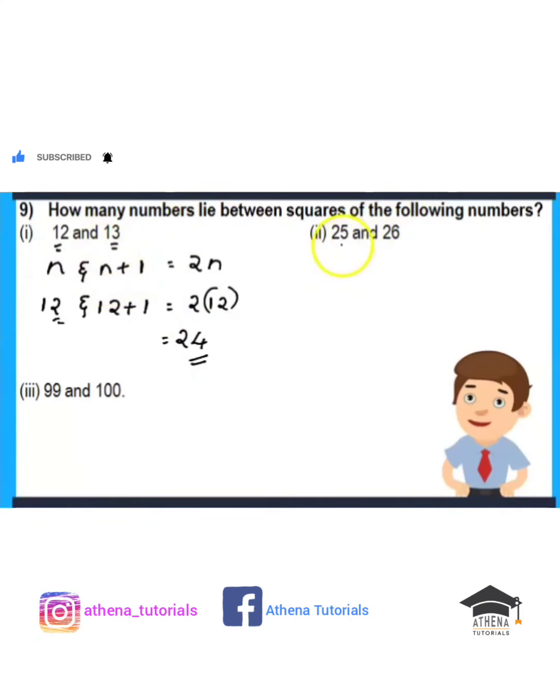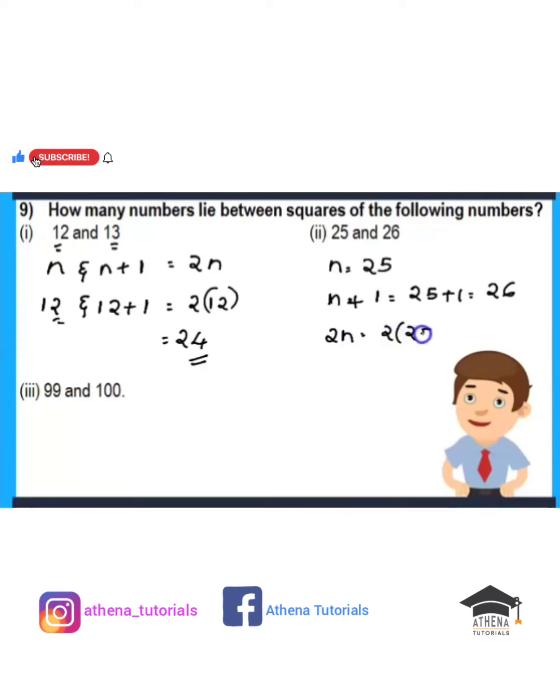Likewise, let's do the next one. So n is equal to 25. So n plus 1, which is equal to 25 plus 1, we'll get 26. So 2 into n, so 2 into 25. What is 2 into 25? It is equal to 50. So 50 numbers lie between the squares of these two numbers.